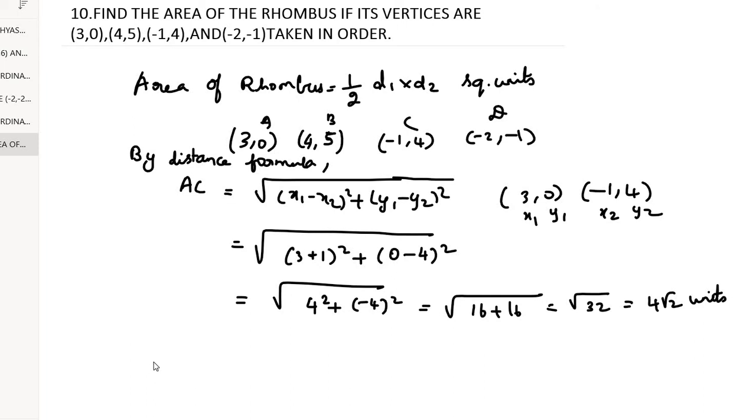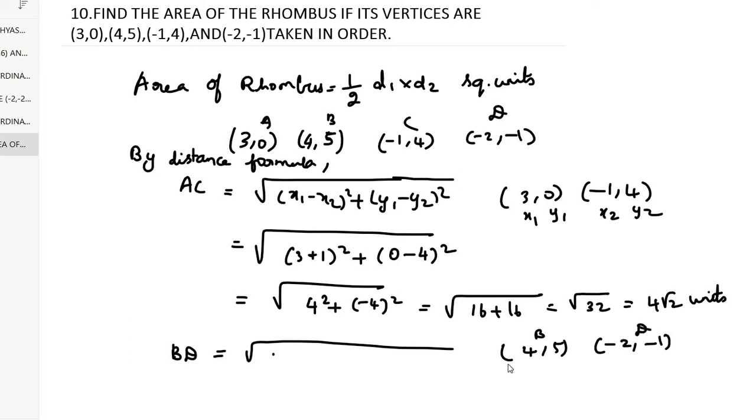And I am supposed to find BD now, the second diagonal. The same formula: x1 minus x2 the whole square, y1 minus y2 the whole square. What are the coordinates of B and D? B is 4, 5 and D is minus 2, minus 1. Now this is x1, y1 and this is x2, y2.